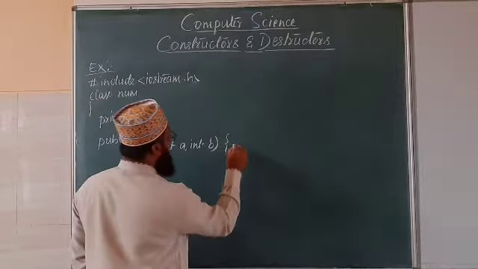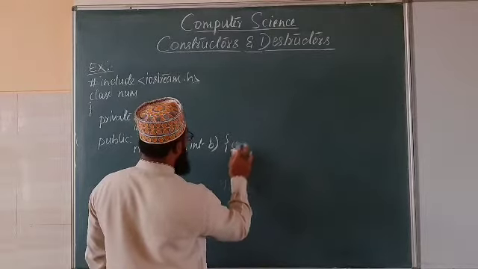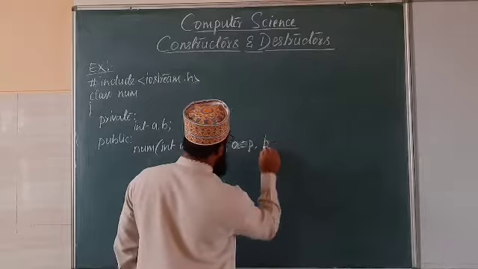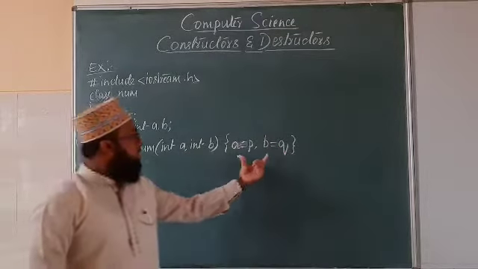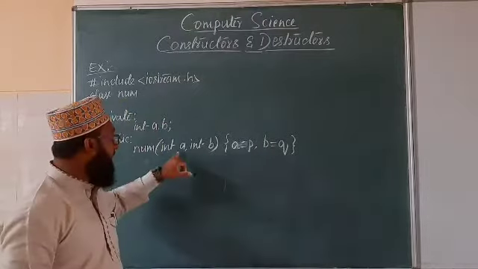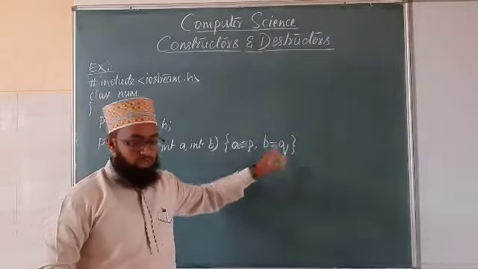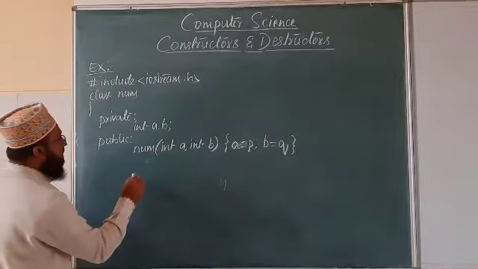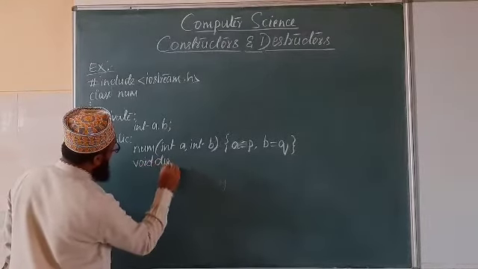Usage of default constructor: A equals P, then B equals Q. Using the default constructor, take A as P and B as Q. After that, write void display.